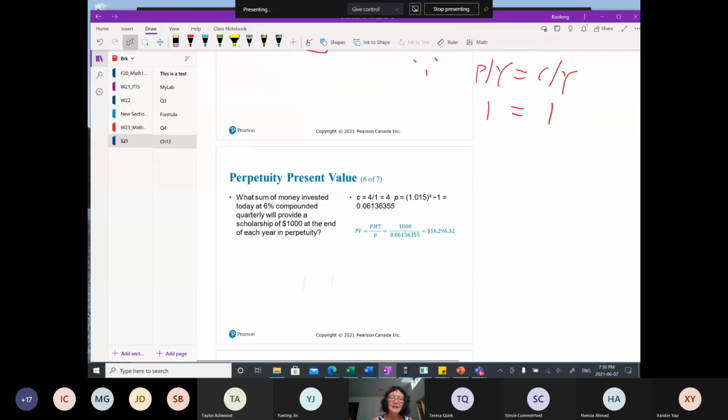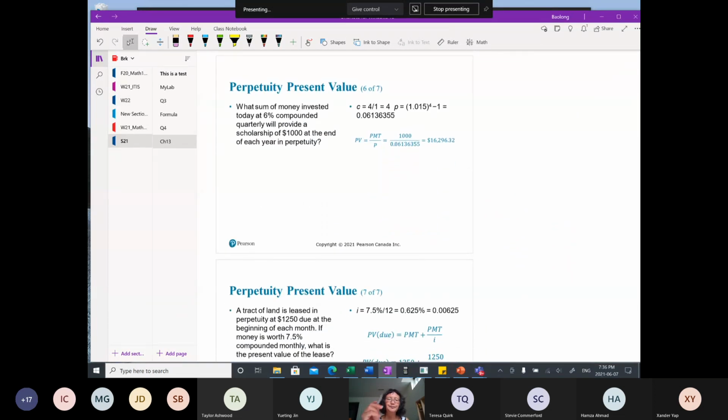So now let's look at another example here. What money invested today at 6% compounded quarterly will provide a scholarship of 1,000 at the end of each year in perpetuity. So the question asks you, what is the present value of the perpetuity?